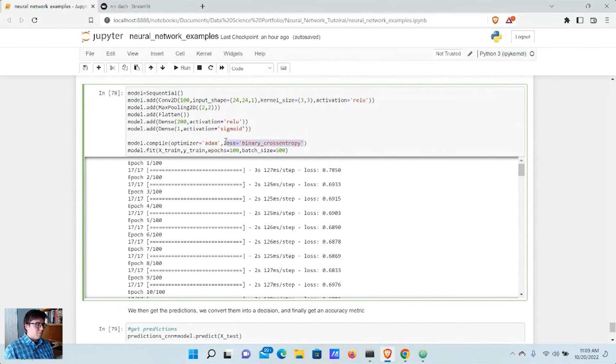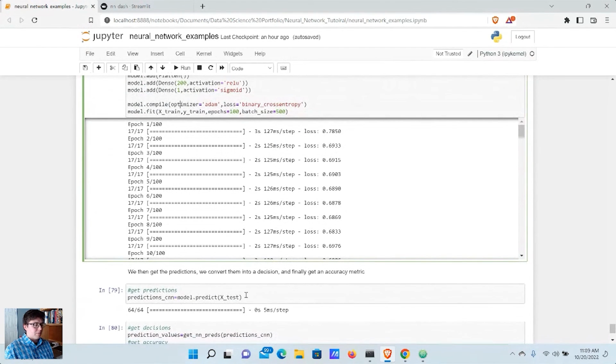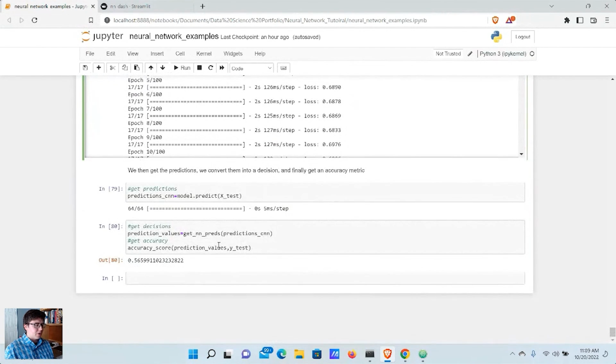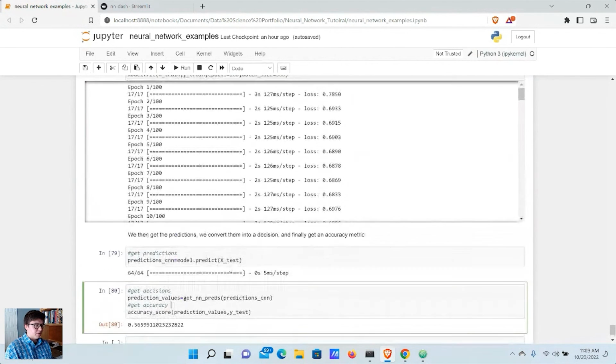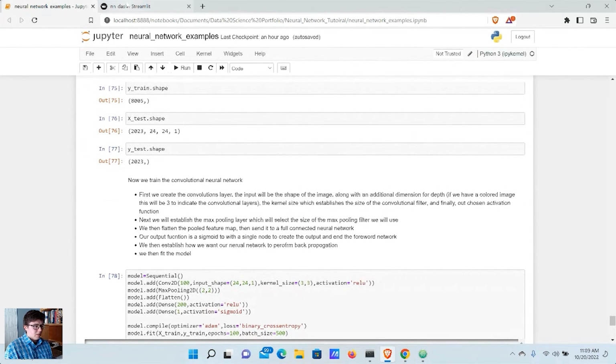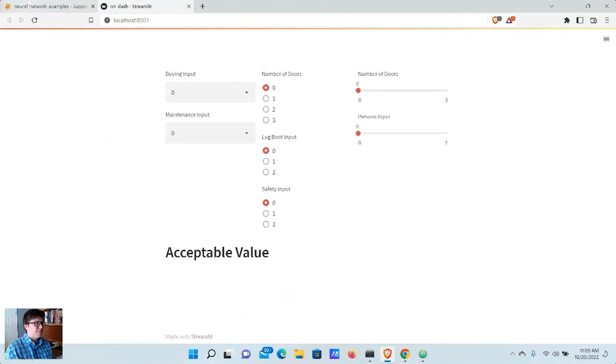Then we have our binary cross entropy loss, and then our optimizer Adam, our batch size, and our number of epochs right here. It trains, and then we're able to predict labels based on image inputs. So that's pretty cool. And then we have our accuracy. So 1 minute to spare.